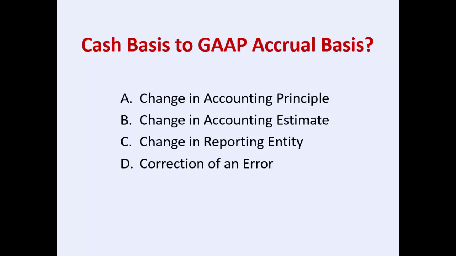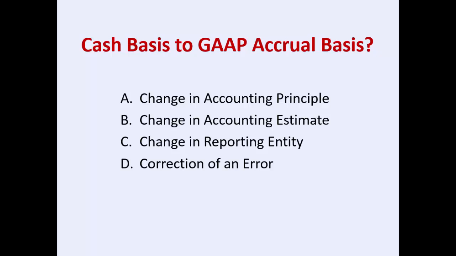All right, now, let's say I have a small company, and I've been using the cash basis. But my company grows, and I think that I probably should change to follow GAAP rules. So I'm going to go from cash basis to GAAP accrual basis. What type of correction is this?